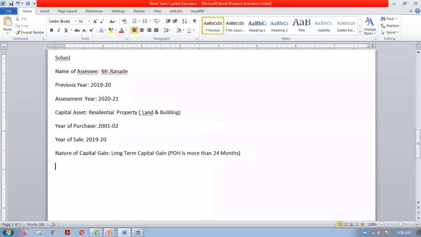Now we'll do the computation of capital gain. Now we have understood it is a long-term capital gain. Computation of long-term capital gain.